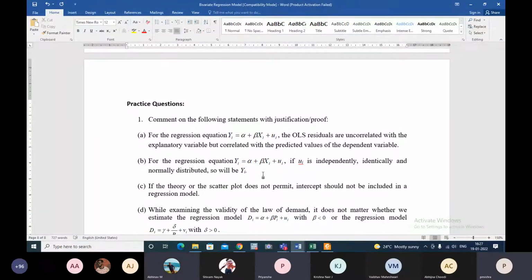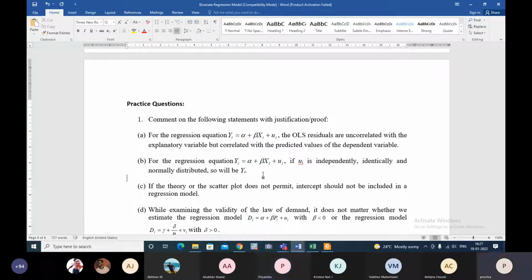Is this statement true or false? It's false. Not identical. Very good, partially true.